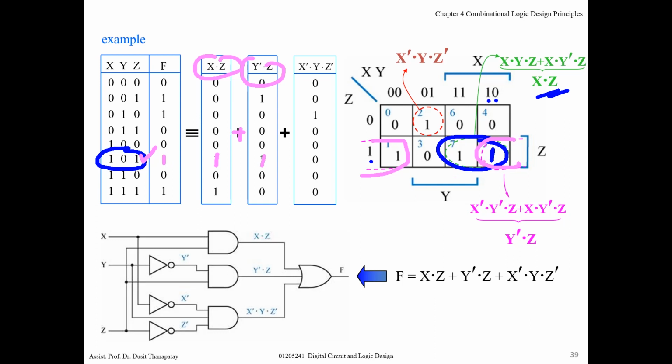That means you can select a logic 1 output cell more than one time. If you select it and it makes a bigger group, that means you can reduce the number of variables of the product term.